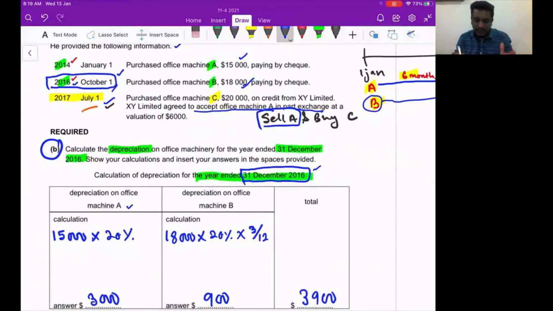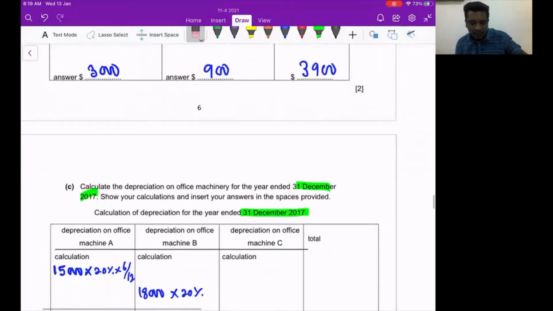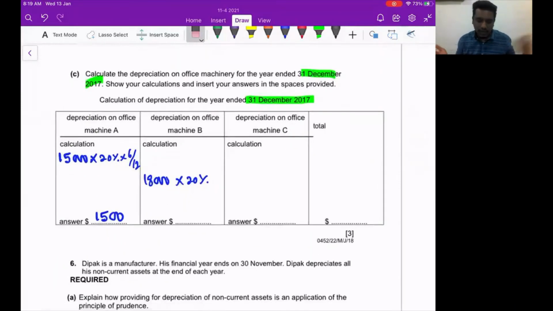So October to December is only 3 months. Last year I used it only for 3 months, so I times 3/12. But the following year, 2017, I use it for a full year, so I no need to times any months. If you want to times it also can, 12/12, which gives you the same answer. So 18,000 times 20%.